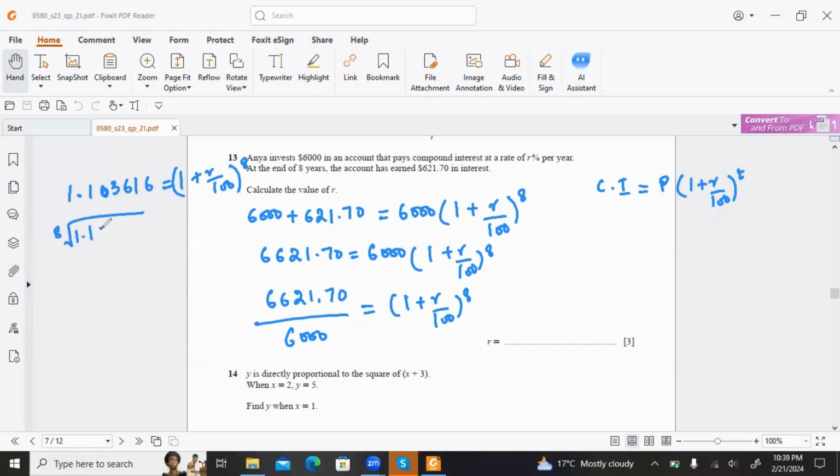So 1.10361 to the power of 1 over 8 equals 1 plus R over 100. That gives us 1.0124, and then I'm going to subtract 1 from this and multiply that by 100.